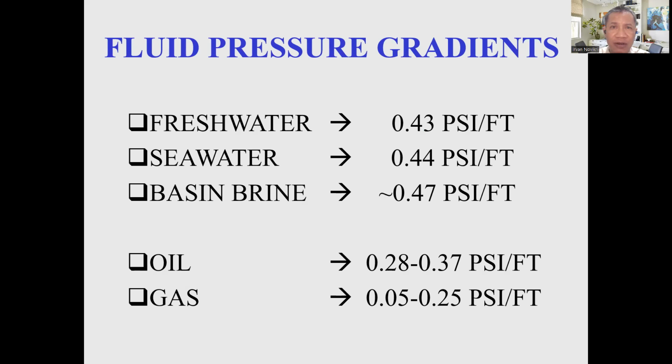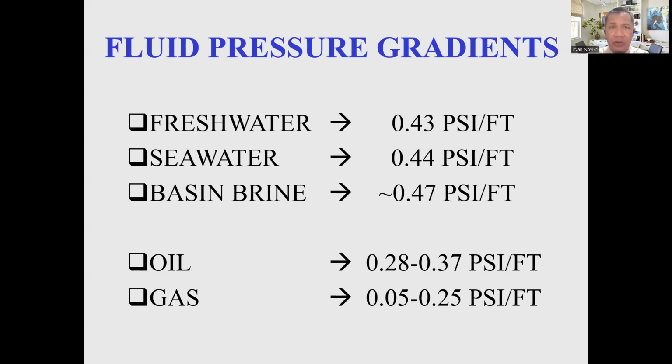For the specific gradient fluid pressure, fresh water is around 0.43 pounds per square inch per foot. Seawater is slightly higher, 0.44. Basin brine is also higher, 0.47, and oil has a gradient range of 0.22 up to 0.37 psi per foot, and gas is slightly lighter density, 0.05 to 0.25.